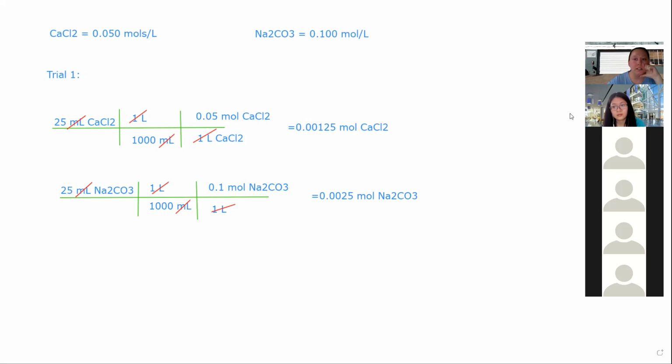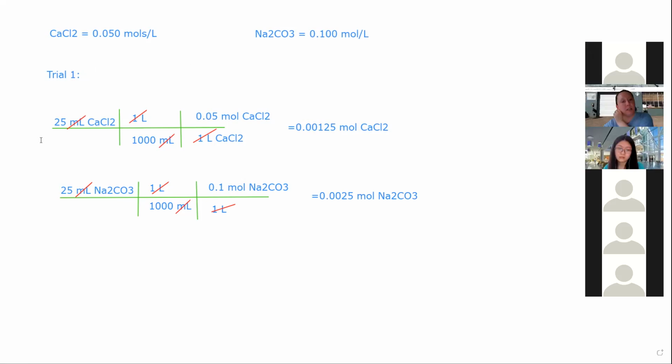Alejandra, no, the concentration is not different for every trial. So you're starting with the same concentrations of everything. The only thing that's different is going to be the volumes. So again, the other thing I want to point out is that this is based on 25 milliliters.